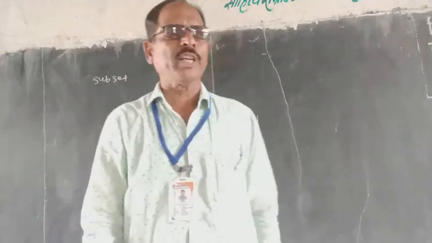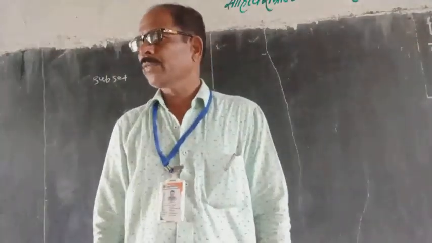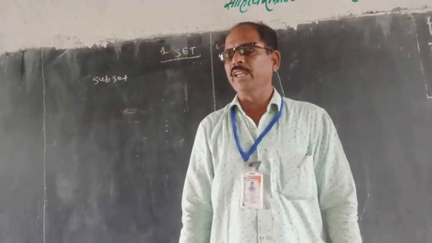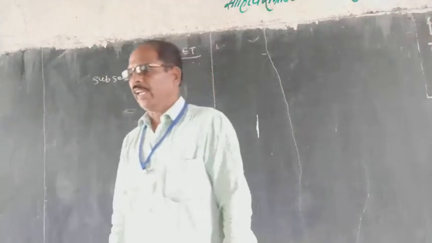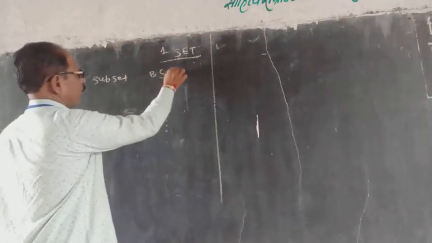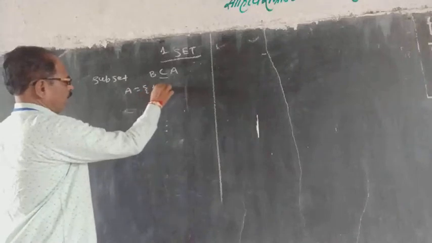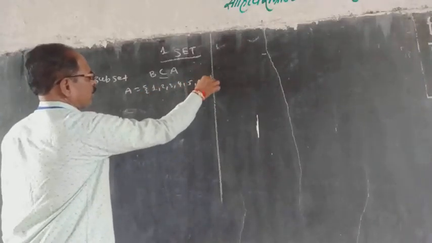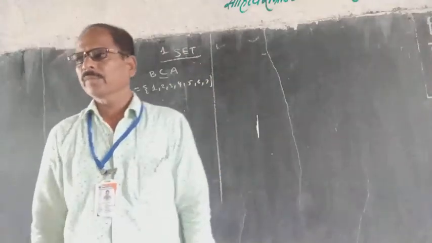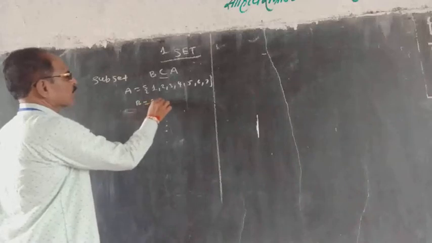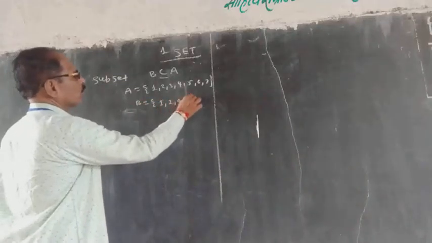The definition of subset: if we are given two sets, set A and set B, and every element in set B is also an element of set A, then set B is a subset of set A. Symbolically it is written as B subset of A. For example, in set A there are 1, 2, 3, 4, 5, 6, 7, the first 7 natural numbers, and in set B there are 1, 2, 4, 6.